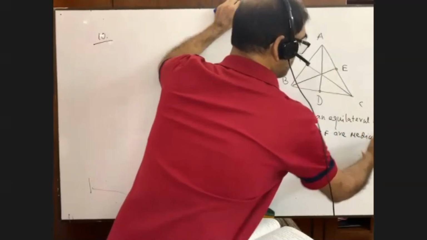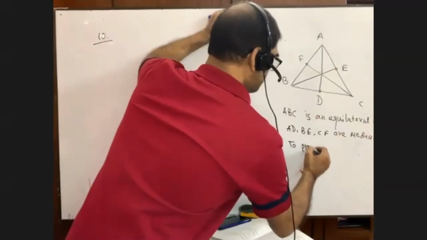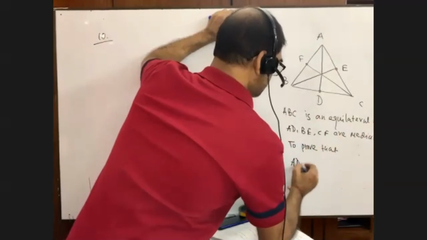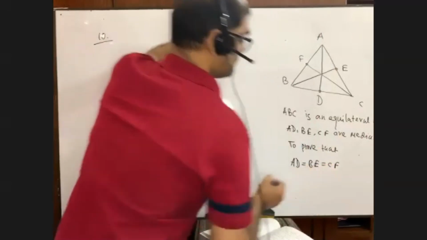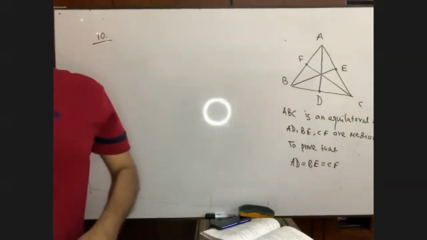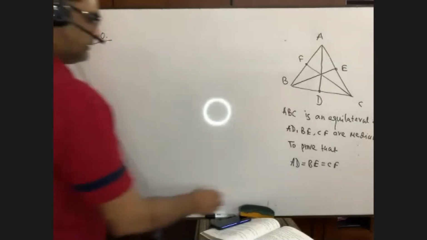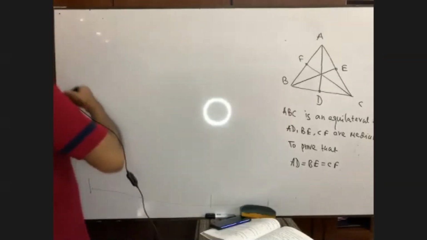We have to prove that AD equals BE equals CF. That is, the medians are equal. Are you getting me or not? Yes, sir. Now, let's prove. How to prove it, you see.